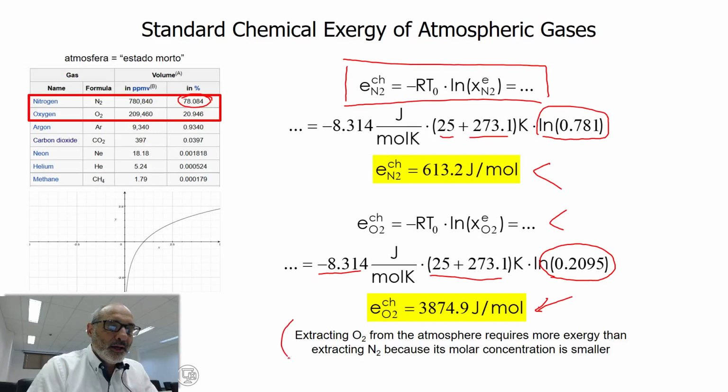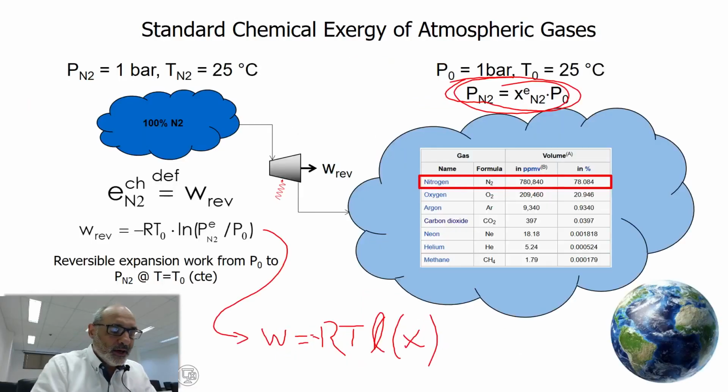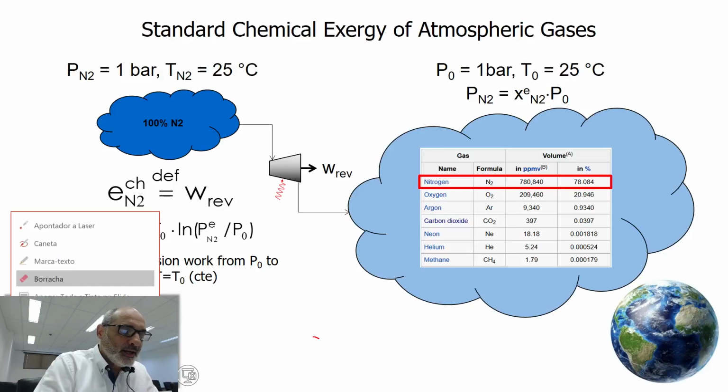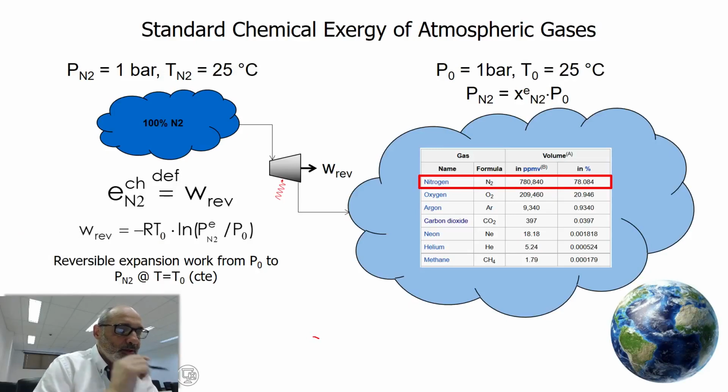And the fact that the exergy content is higher implies that extracting O2 from the atmosphere requires more exergy when compared with extracting N2, because its molar concentration is smaller. I can figure this out from here because I'm considering the process in one sense, but I can also consider it in the opposite sense.